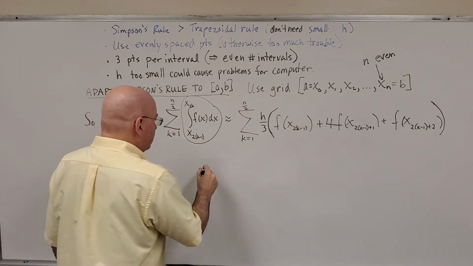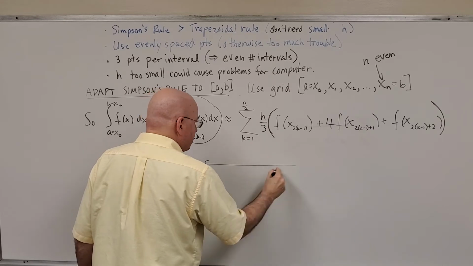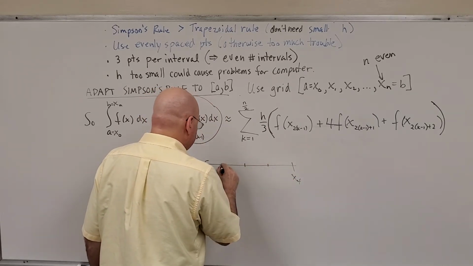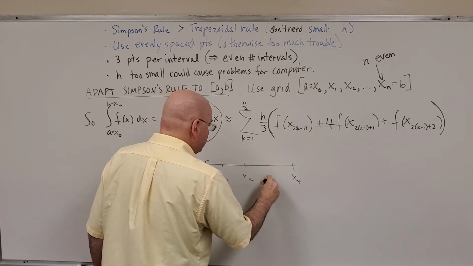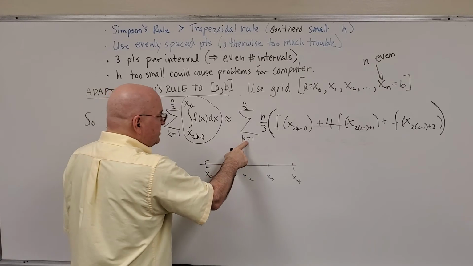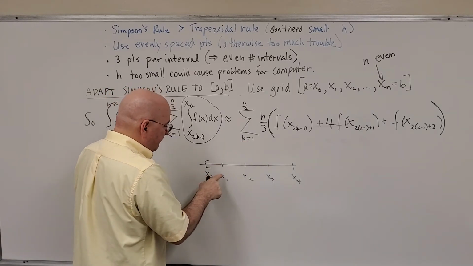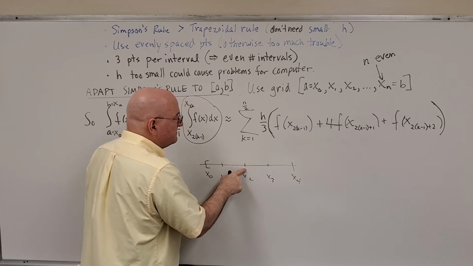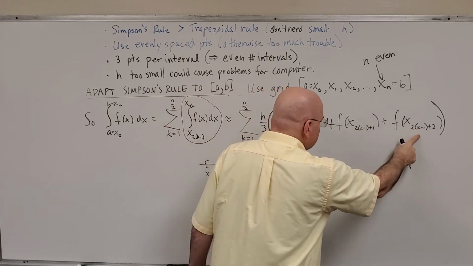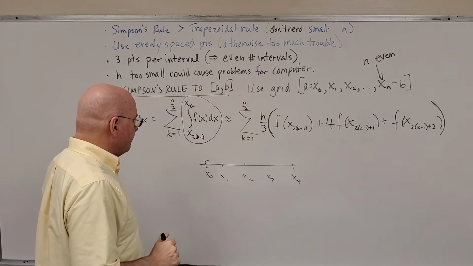Because remember, I should just leave this up here, x0, let's say that's x4, x1, x2, x3. The first summation, when k is 1, it's looking at f of x0, f of x1, f of x2, and multiplying some of them by a number.